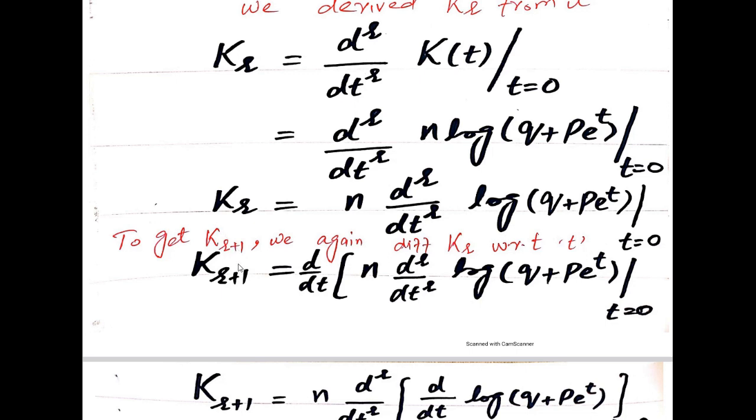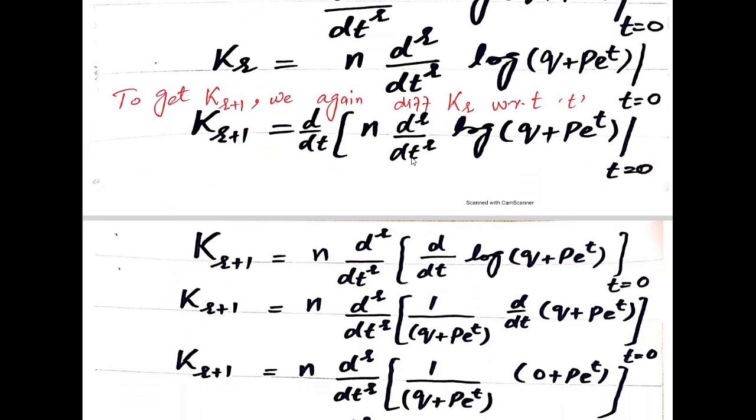So k_{r+1}, when we differentiate it again, adds here 1: d/dt of d^r/dt^r of log (q + pe^t) at t = 0, which is d^r/dt^r of d/dt of log (q + pe^t). Here apply the derivative using the logarithm formula. As you know, the derivative of log x is 1 over x times the derivative of x.